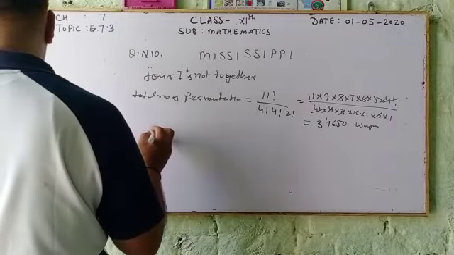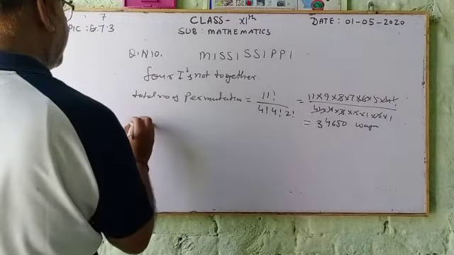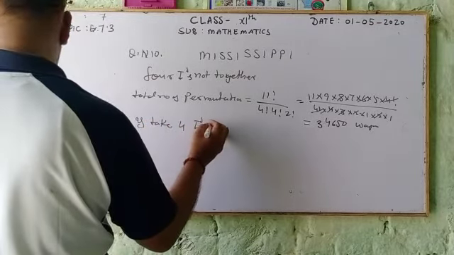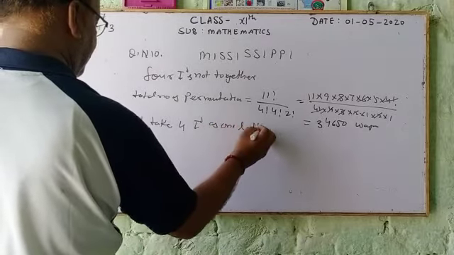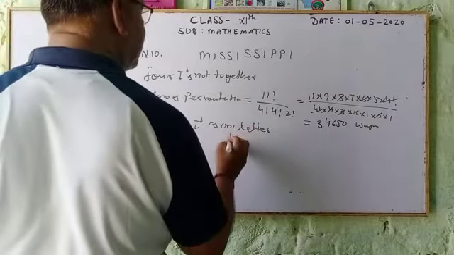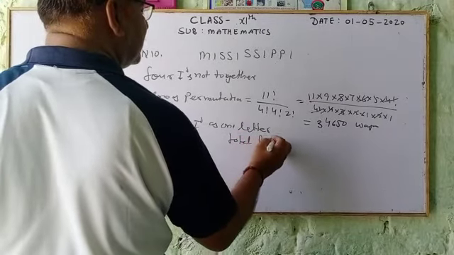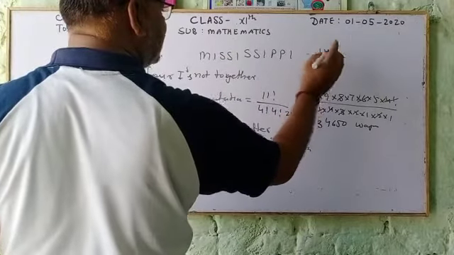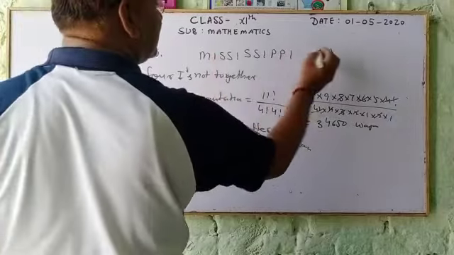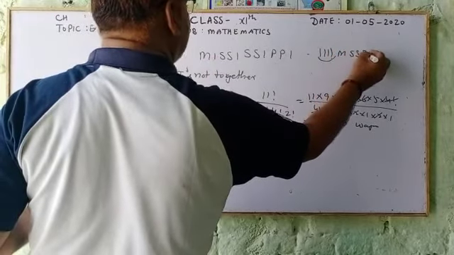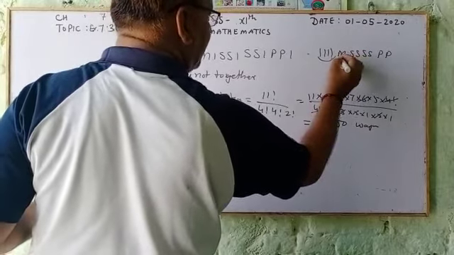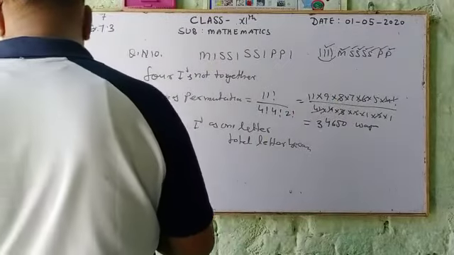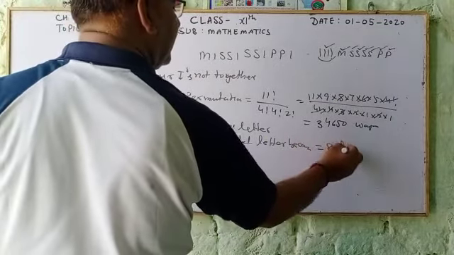So we take the 4 I's as one letter. Then the total letters become: the 4 I's together are taken as one letter, and the remaining letters are M, four S, and double P. So 1, 2, 3, 4, 5, 6, 7 and 8, that is 8 letters.